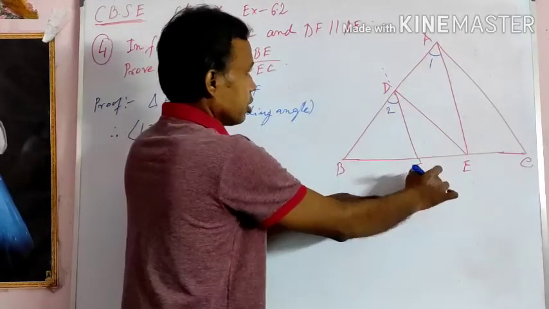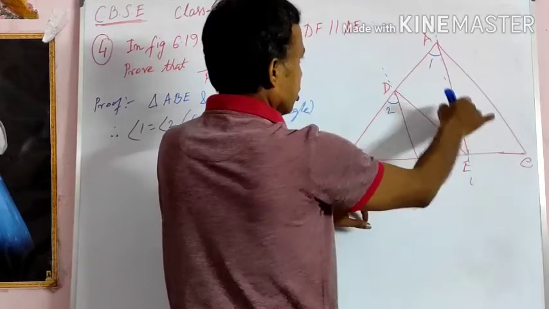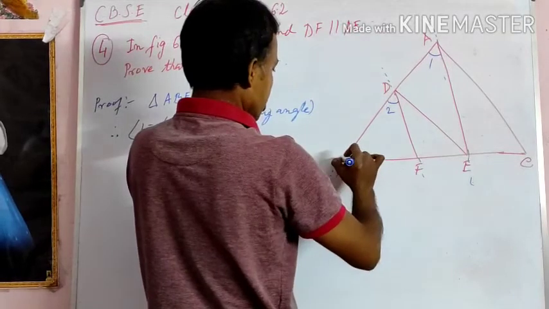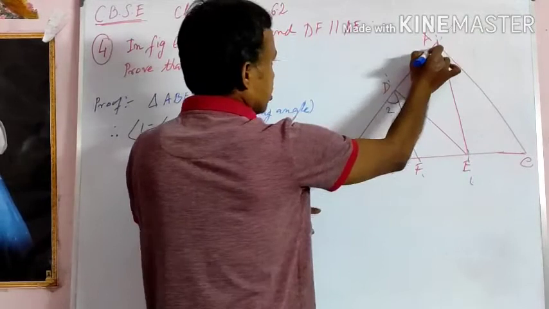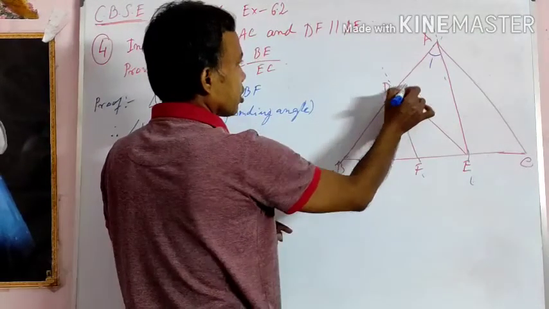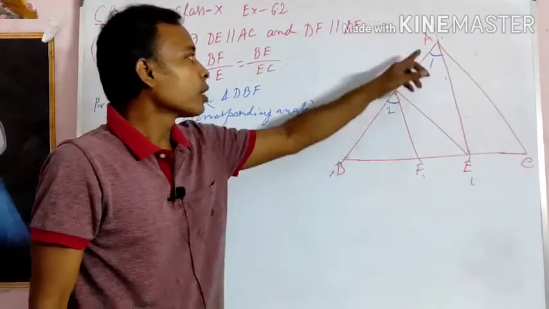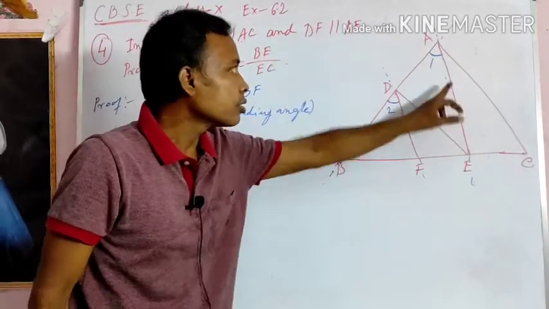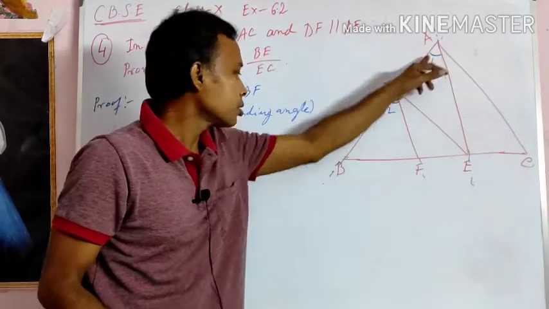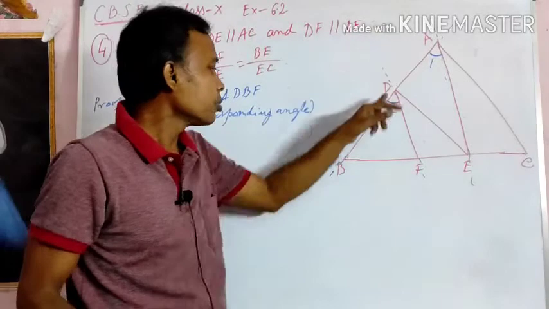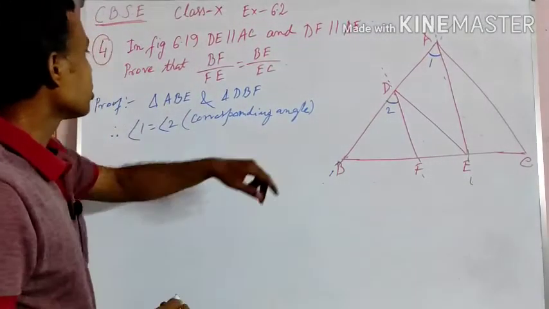DF is parallel to AE, and BA is the transversal, therefore angle 1 must be equal to angle 2, since they are corresponding angles.